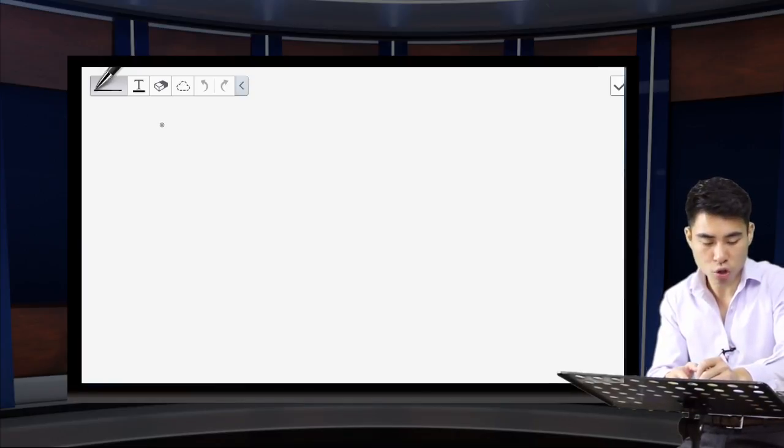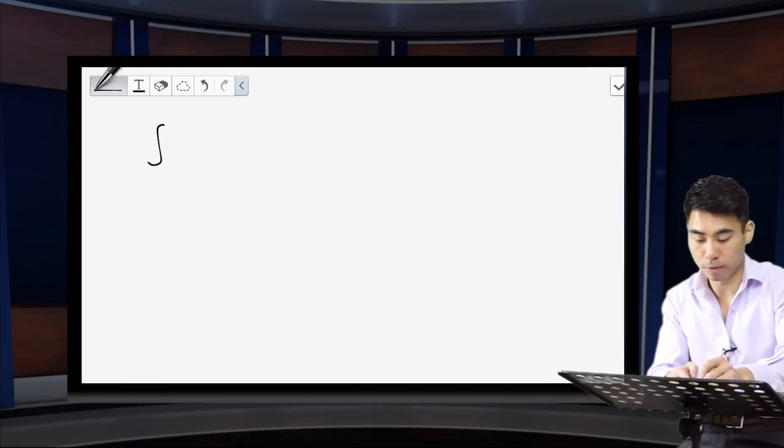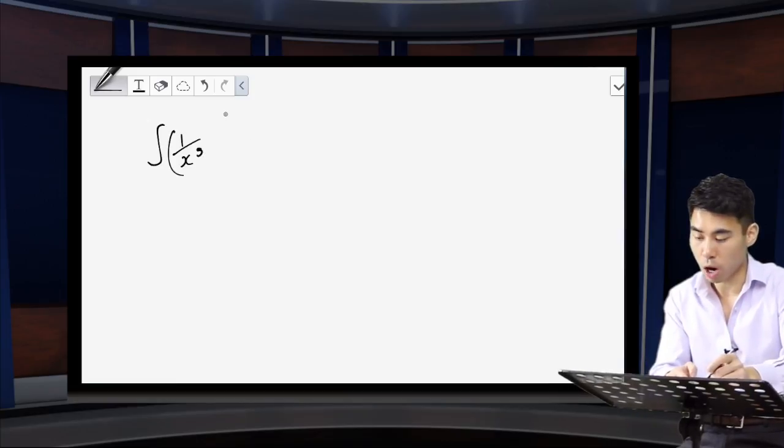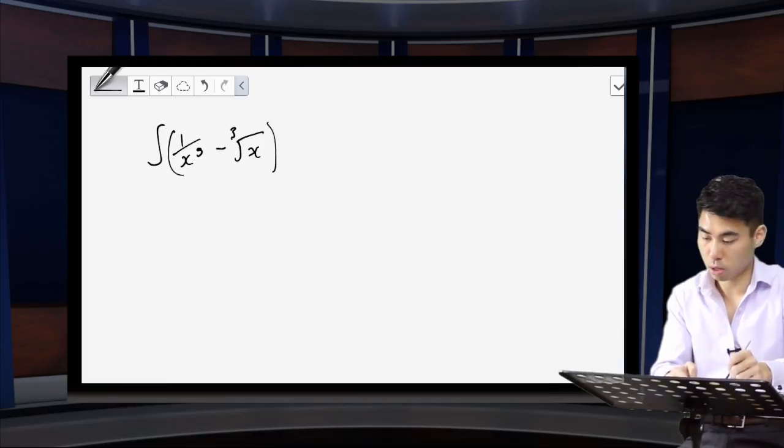So very similar to the examples we looked at in my differentiation video, where we're looking at harder types of functions. So we're integrating 1 over x to the 5 minus 3, that's the cubed root of x.